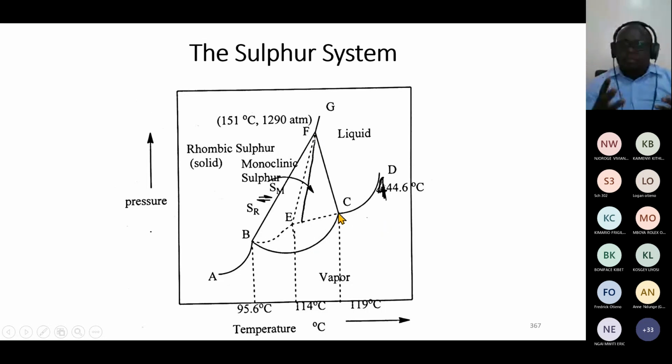So these are points where three phases are in equilibrium. At point B, we have rhombic sulfur, monoclinic sulfur, and vapor phase being in equilibrium. At point C, we have monoclinic sulfur, liquid sulfur, and sulfur vapor being in equilibrium. At point F, we have rhombic sulfur, liquid sulfur, and monoclinic sulfur being at equilibrium.